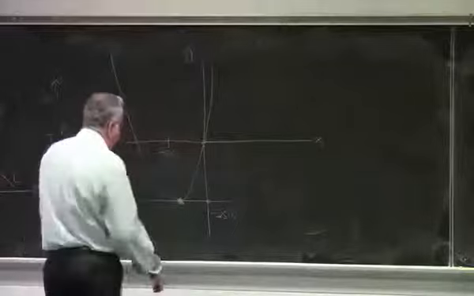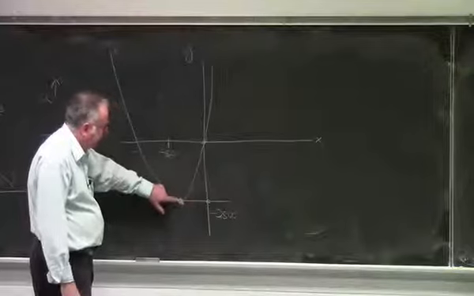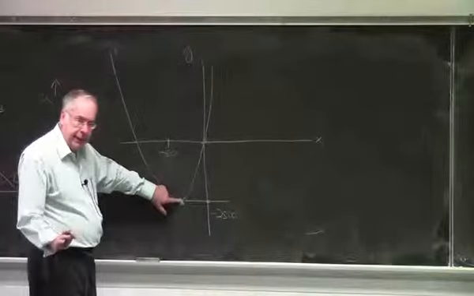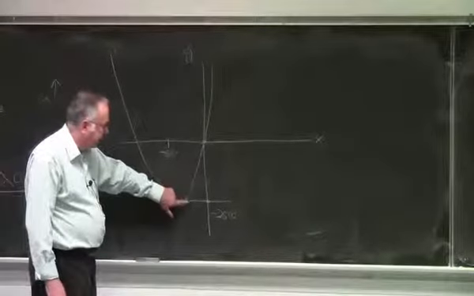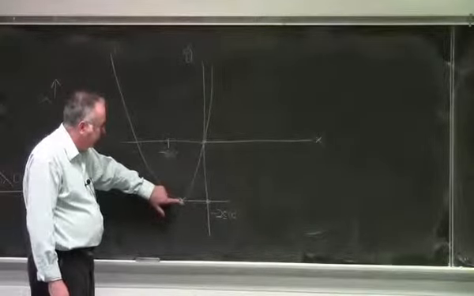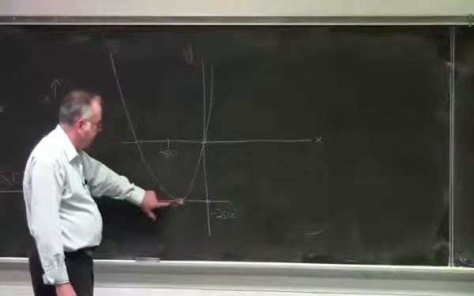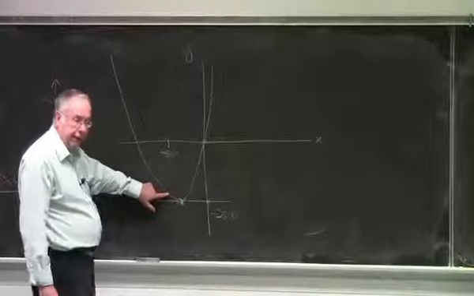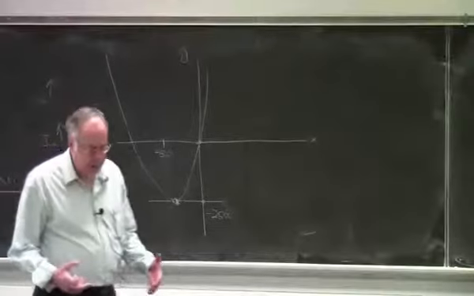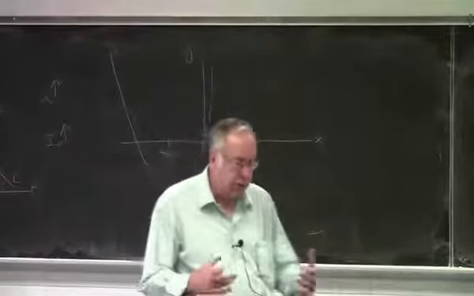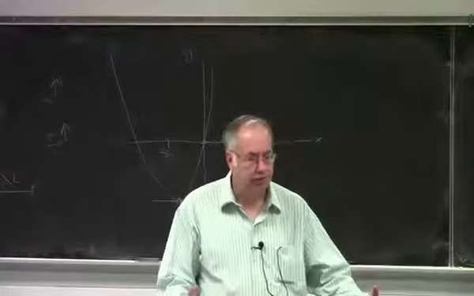Okay. And what does it mean for the second derivative to be positive? It means that x and the first derivative move in the same direction. If x increases a little bit, the first derivative goes from 0 to positive. If x decreases, the first derivative goes from 0 to negative. So that's why this second derivative test determines whether you have a minimum or a maximum, because it tells you what the curvature of the function is.